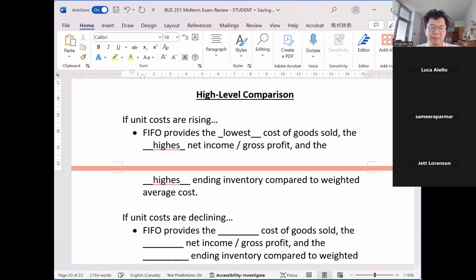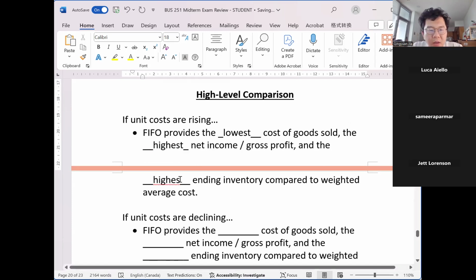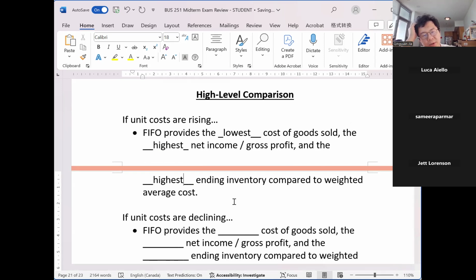Because the unit costs are rising, we used up the cheapest ones, and the highest priced ones remain in our inventory.